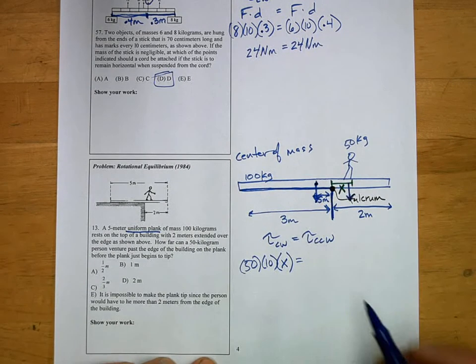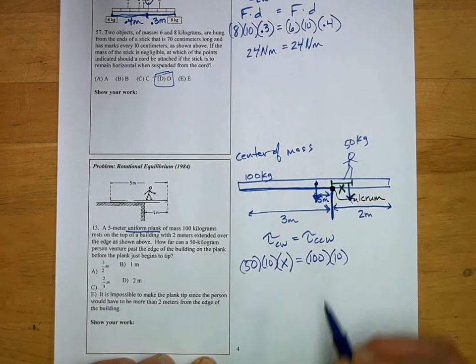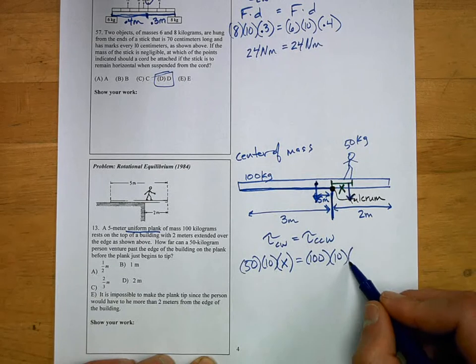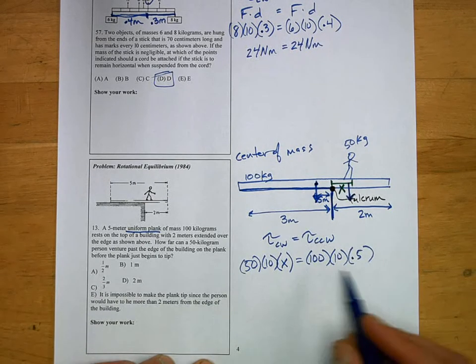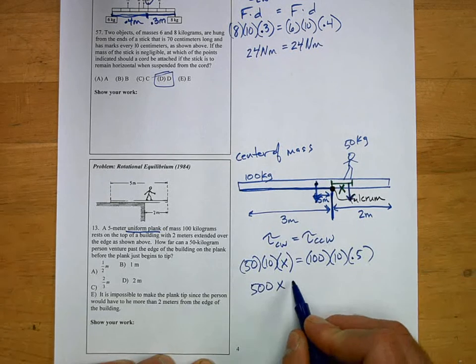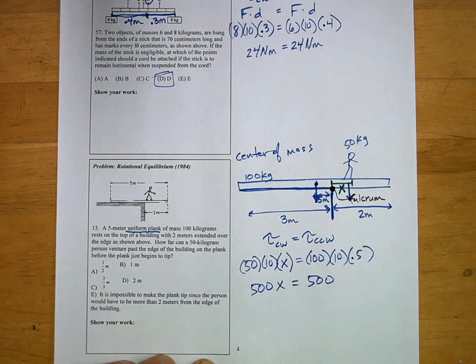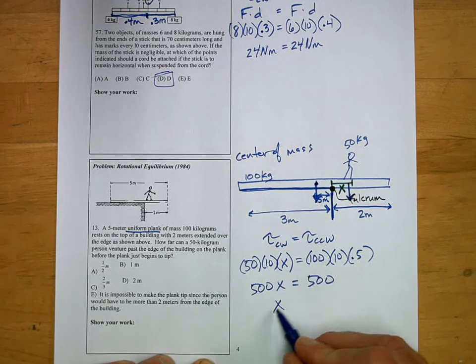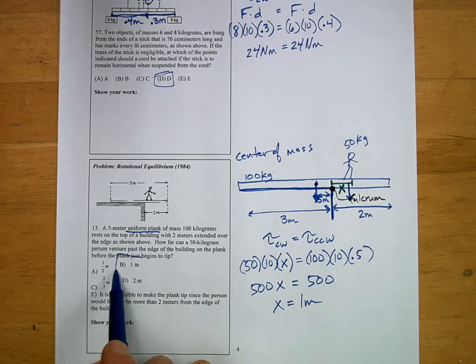The board is 100 kilograms times 10 to get the weight, times the distance, 0.5 from the fulcrum. Okay, simplify: 500x equals 500, so x equals 1 meter. The person can walk 1 meter before the plank tips over.